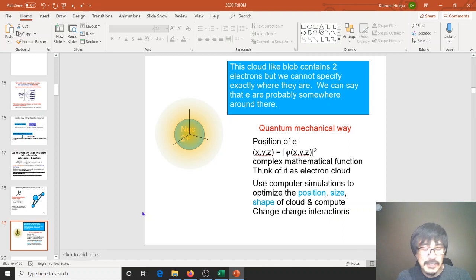That's the information hidden inside of the orbital. The square of that orbital gives you the probability of finding the electron at any position.